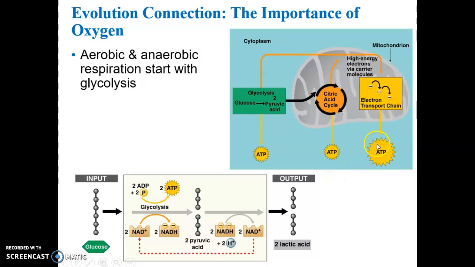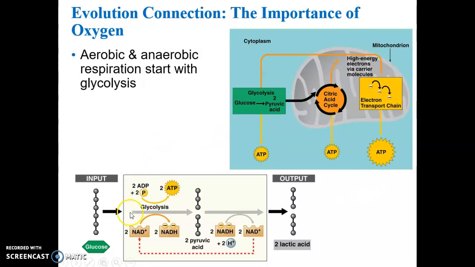But again, most of the ATP is generated through the electron transport chain, right? Up to 32. So that's enough ATP to power and provide energy for some large complex organisms like animals.